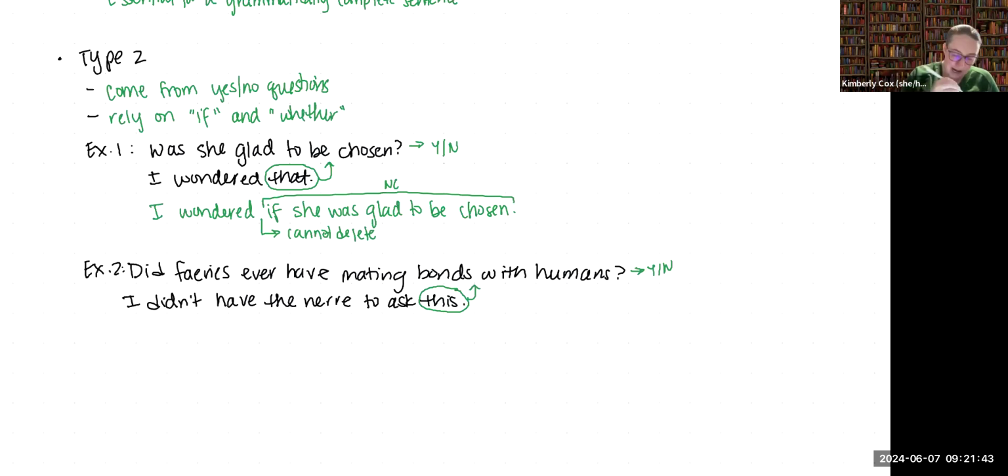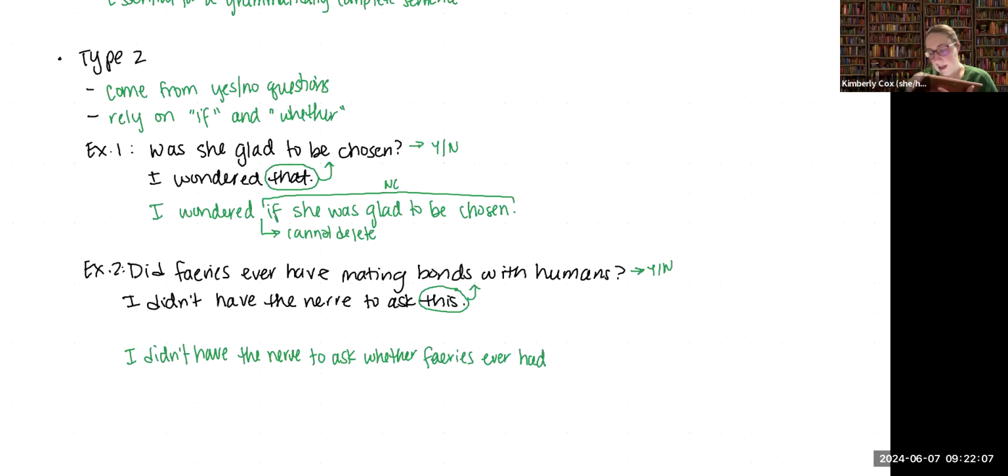So if I were rewriting it, I would say, I didn't have the nerve to ask whether fairies ever had mating bonds with humans, right? And then I'm going to end it with a period because it's no longer a question. I'm also turning it into a declarative statement.